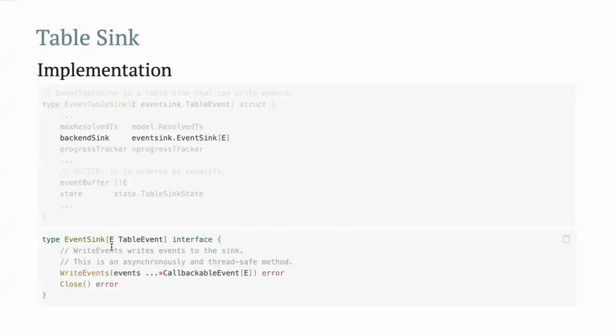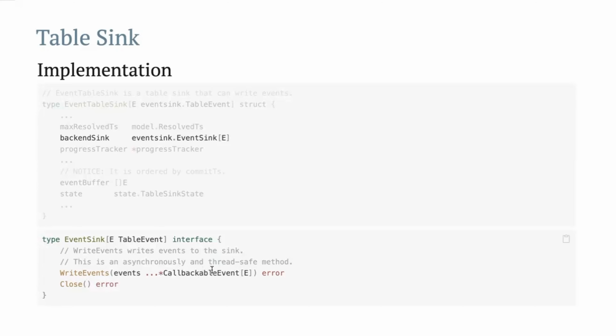You can notice here is the write events function, and its argument is a callbackable event. Because we want to make our whole write process asynchronous, we use a callback mechanism to achieve it.